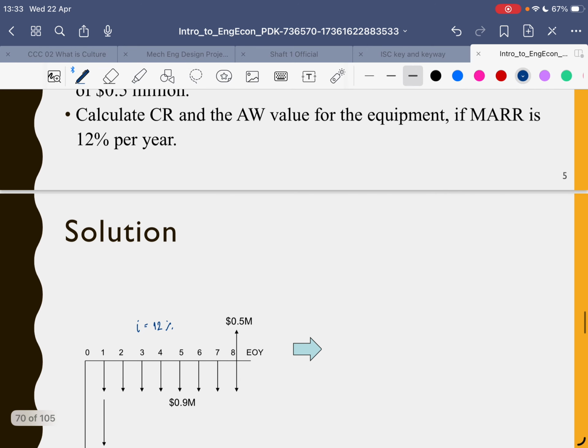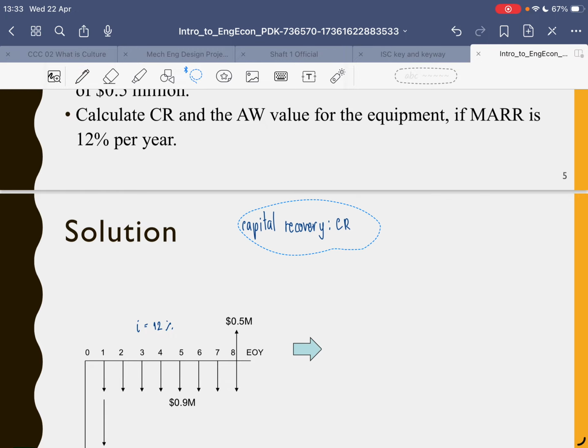For the capital recovery, you consider only the initial investment, which is $13 million, and the salvage value, which is $0.5 million. Let me consider the initial investment first. So I have minus $8 million, right?